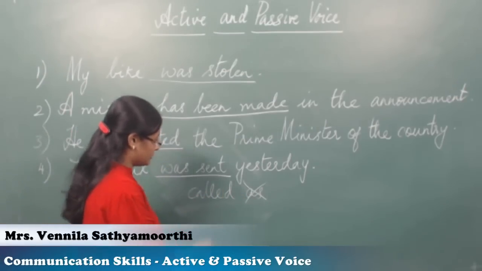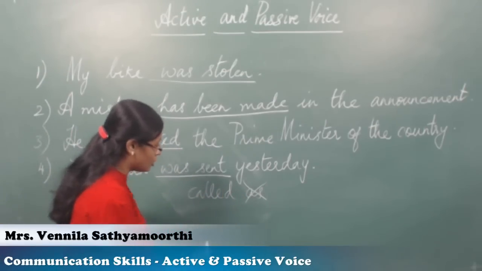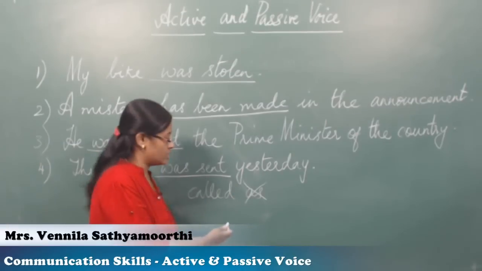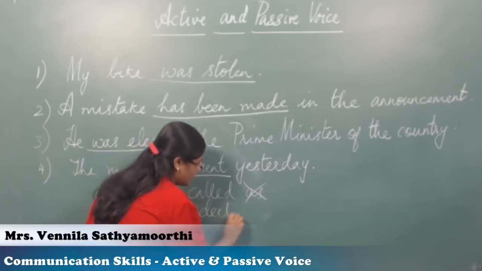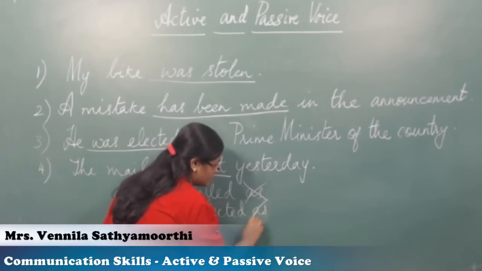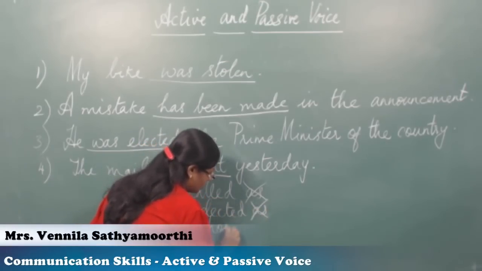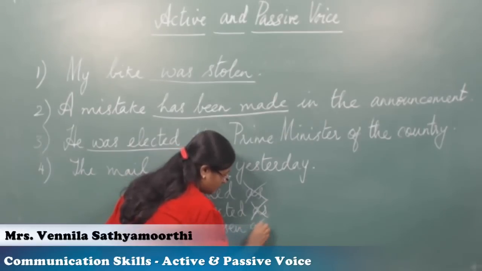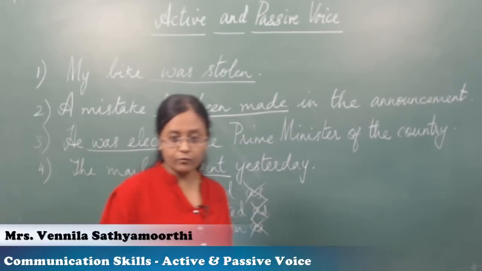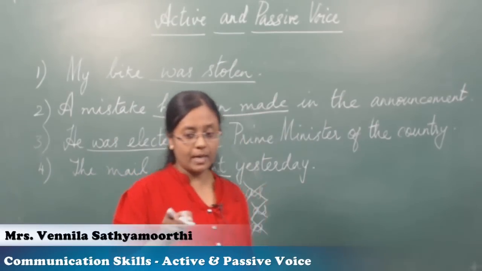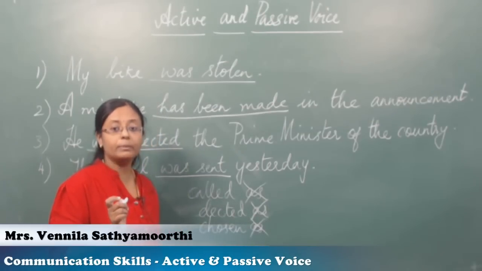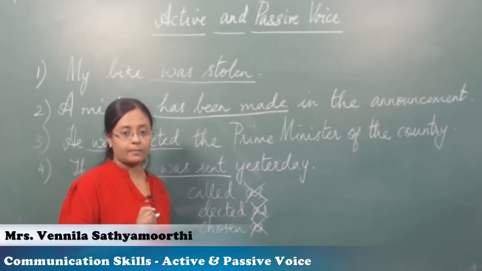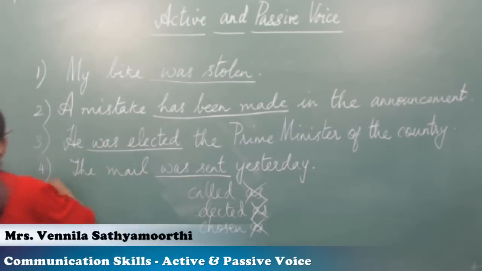Mahatma Gandhi is called the father of our nation. We don't say called as. Similarly, it's not elected as, not chosen as. Okay, right? Apart from that, in the passive form, you should add the word been. He had been elected. Okay.